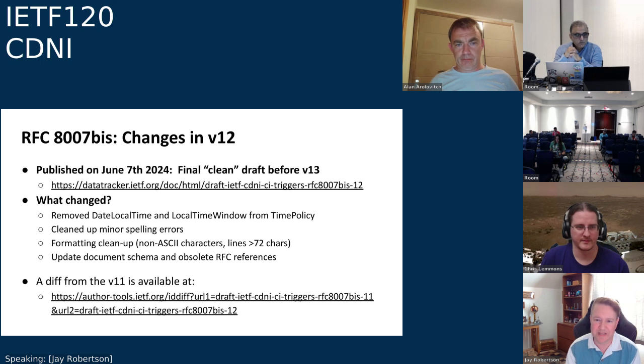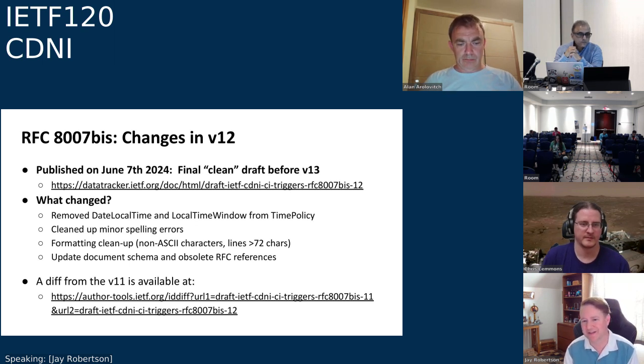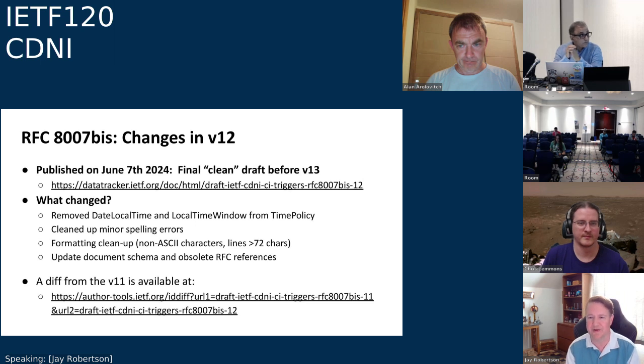Otherwise, we addressed some minor spelling errors that we had found in the document. There was some formatting cleanup, mostly with regard to non-ASCII characters and lines that were greater than 72 characters with regard to the diagrams and the JSON examples. And we had updated the schema and some of the obsolete RFC references.